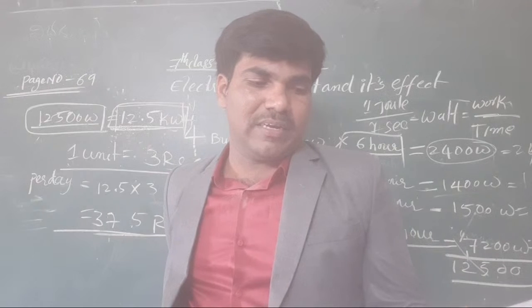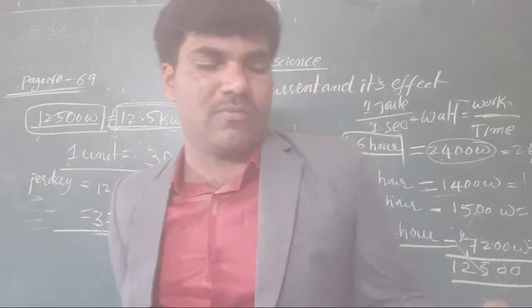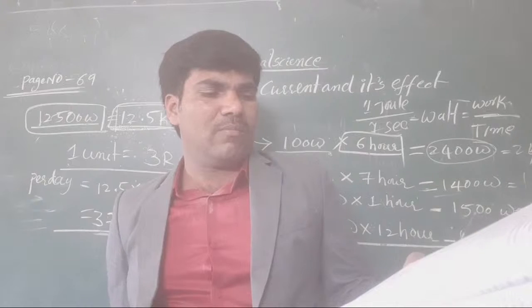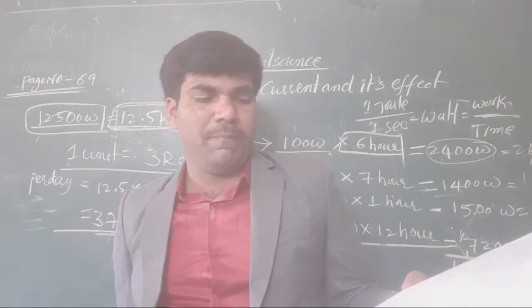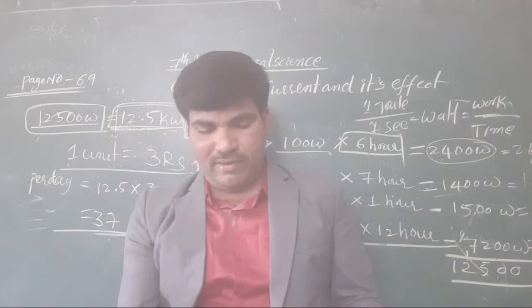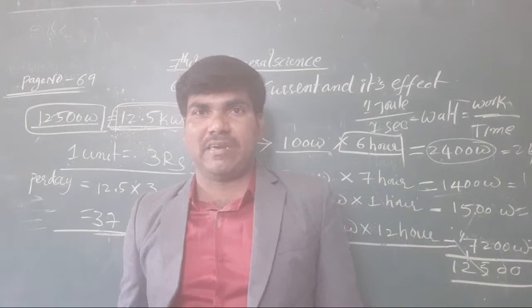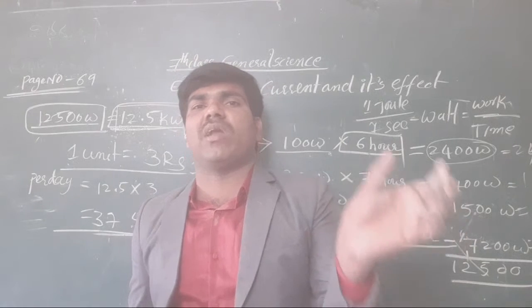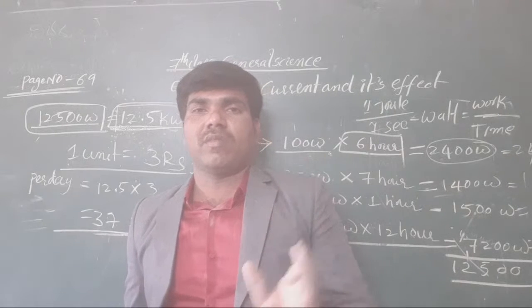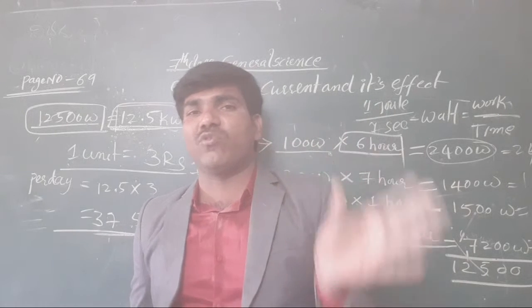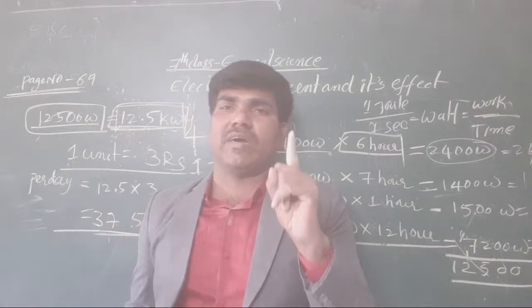The cost per unit is 3.05. Total amount of bill paid is 549. Okay, now like that only it is calculated. The unit is nothing but 1 kilowatt hour. 1000 watts for an hour is treated as 1 kilowatt hour.